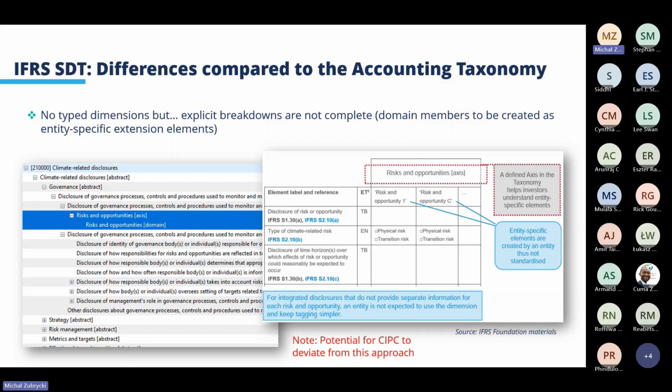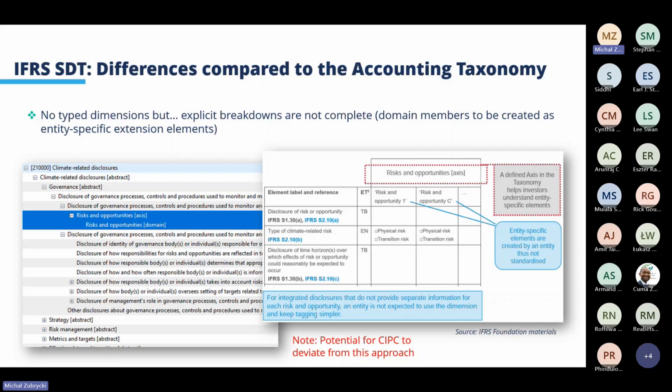So potentially we can think of predefining a set of closed members, so we can reuse, for example, the risk and opportunities axis, and engage with stakeholders representing different industries, and decide on predefining these lists of risk or other aspects that are open at the level of the ISSB taxonomy. So yeah, the options, there are quite a few of them.